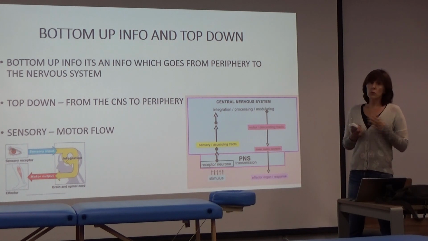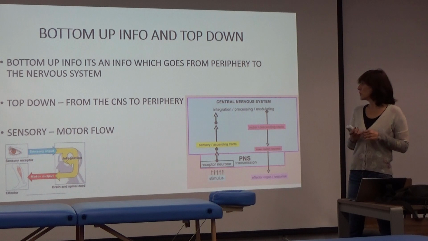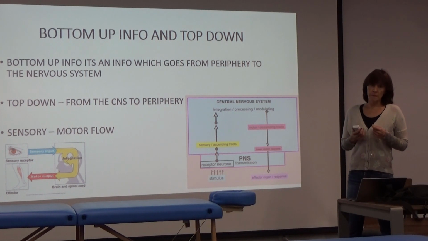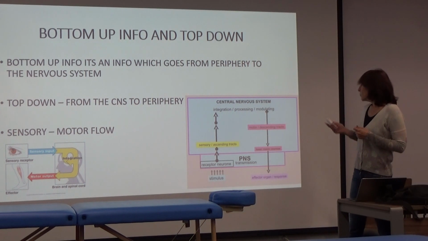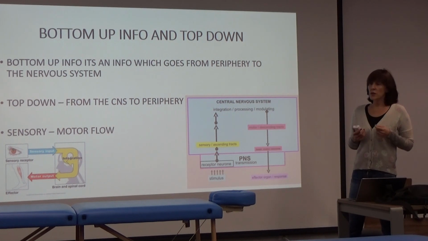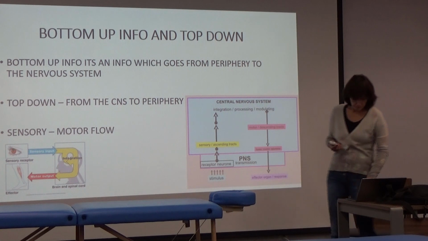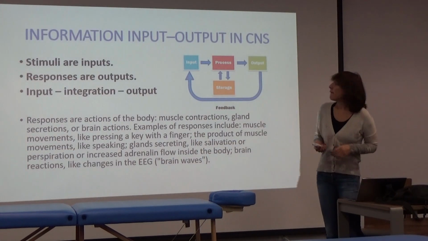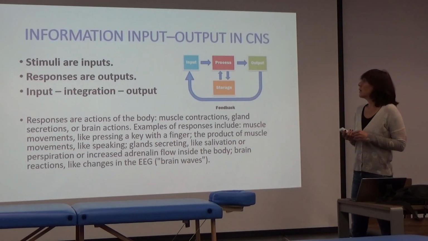We need to talk, we use muscles. We need to breathe, we use muscles. We need to do any kind of actions, we use muscles. So this is our motor system. So again, we have input, which is sensory. The brain processes the information and generates a certain response. So all kinds of stimuli are input. All kinds of responses are outputs.